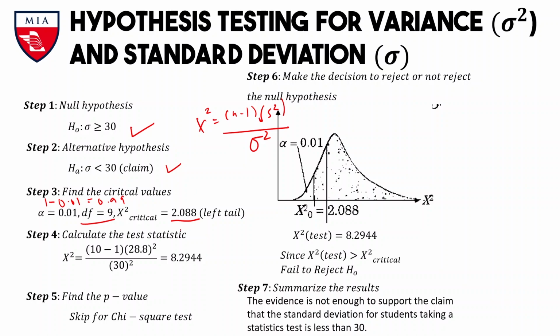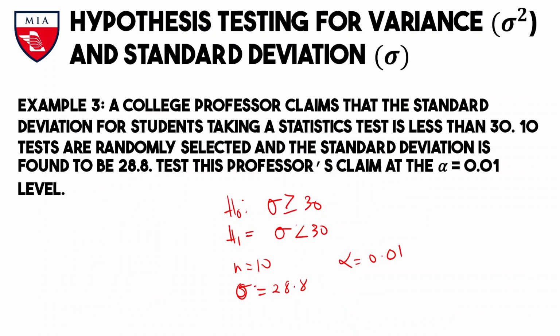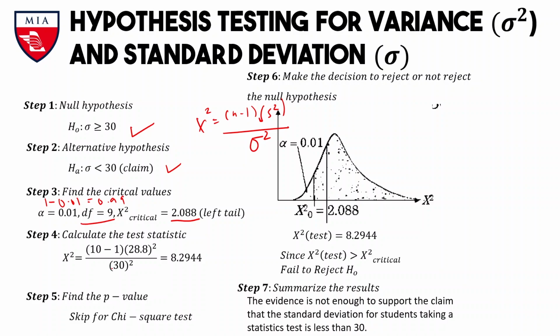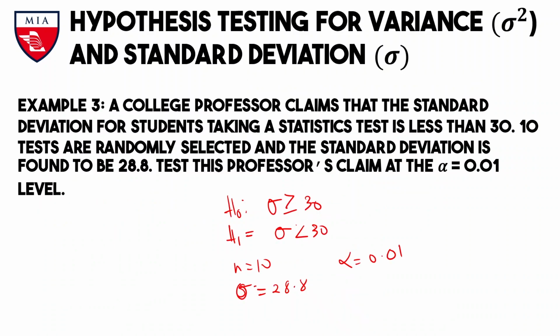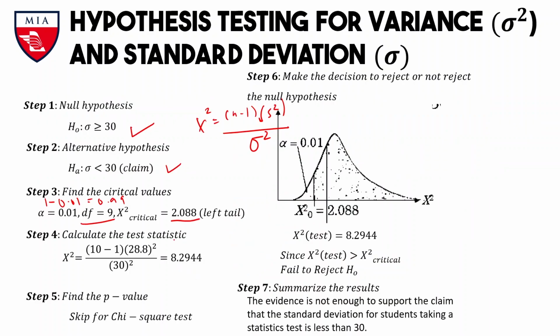Sorry, our s is 28.8, and our standard deviation sigma is 30. Let me just clarify, this is s, and our standard deviation is 30. So compute it, we have 8.2944.